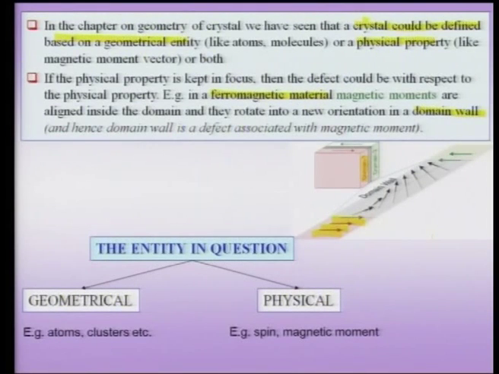There could be a different domain, the one marked in green, which I call domain 2, wherein the magnetization vector is pointing in the opposite direction. Now, the region in between, shown in gray here, is the transition region, which is shown in projection here. So, this is my transition region.